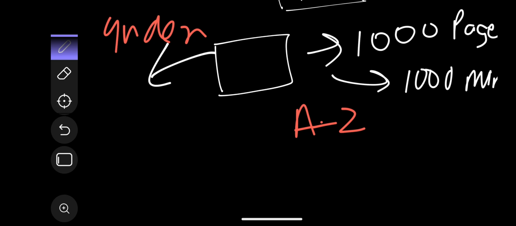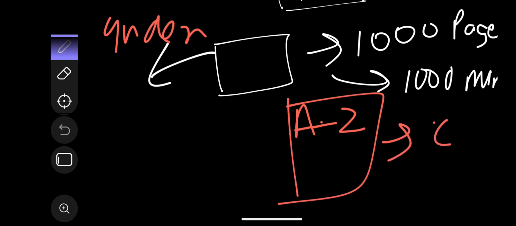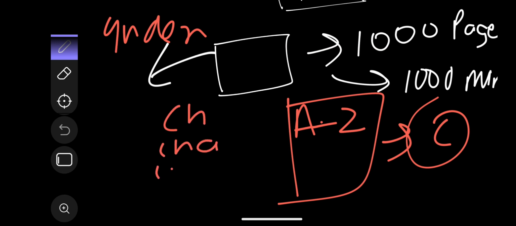Suppose from A to Z you have the index, and in that you also have C. In that C there could be chocolate cake, and you have CH, then CHA, then CHB. Similarly you have CHO. Cool. So you can quickly look up chocolate cake and find the page number. This would hardly take you 5 to 10 seconds.